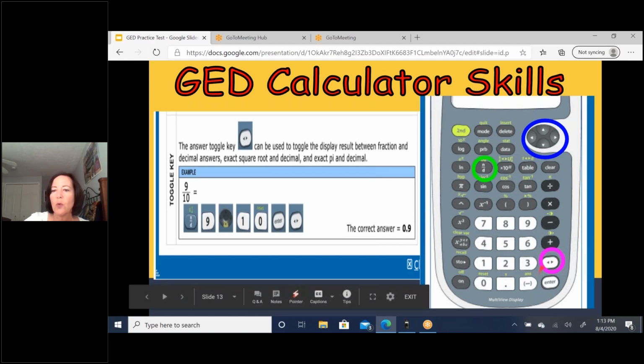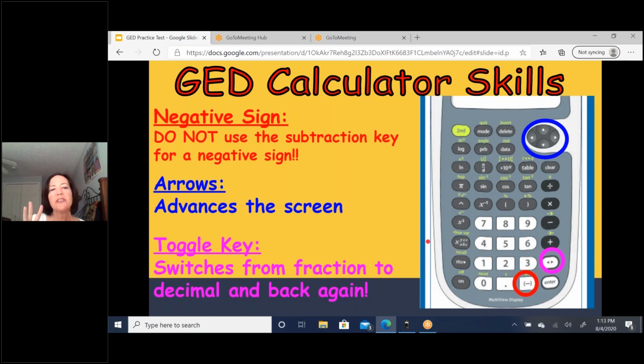The toggle key, the one with 2 arrows going to the left and right, will turn your answer back and forth from a fraction to a decimal. And if you've got a decimal and you need a fraction answer, press that button and it will turn your decimal into a fraction.